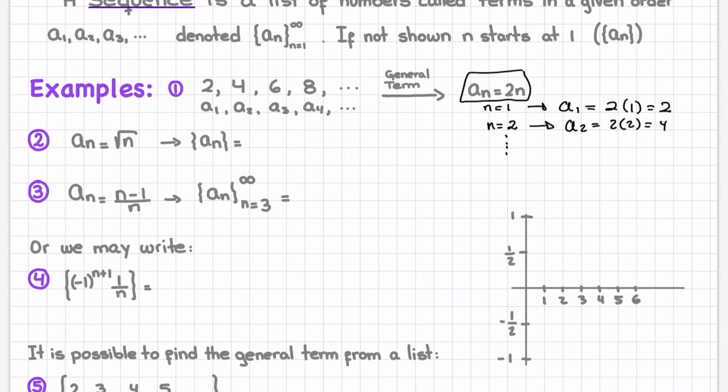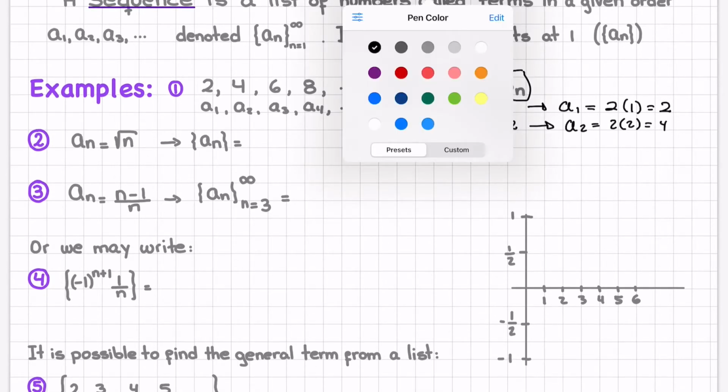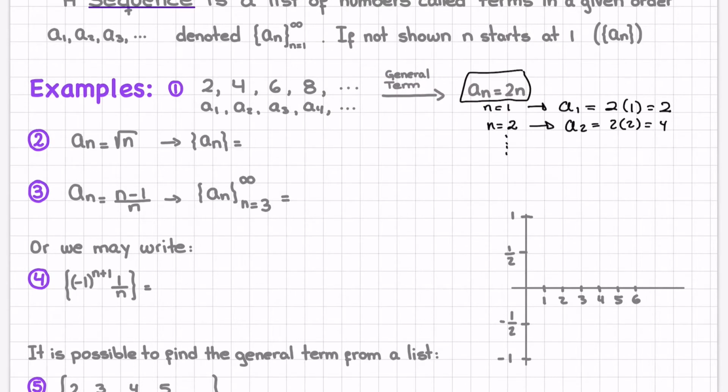Let's use purple. So what is this sequence right here? A_n equals root n. If you want to display that as a list, you would have to plug in first n equals 1.